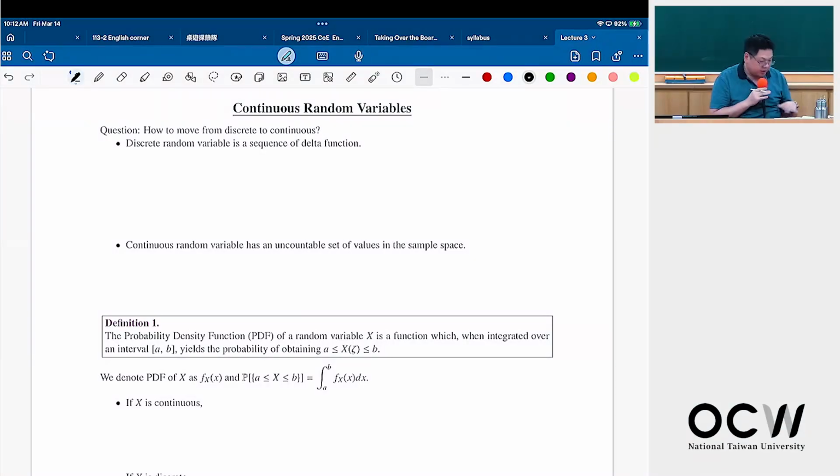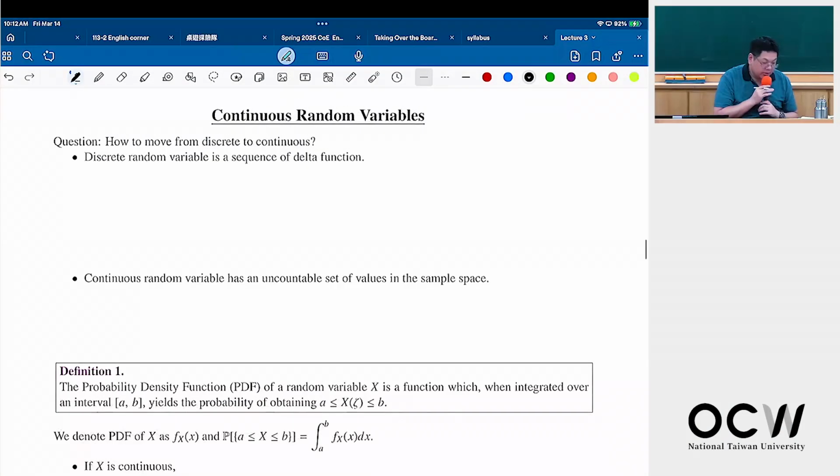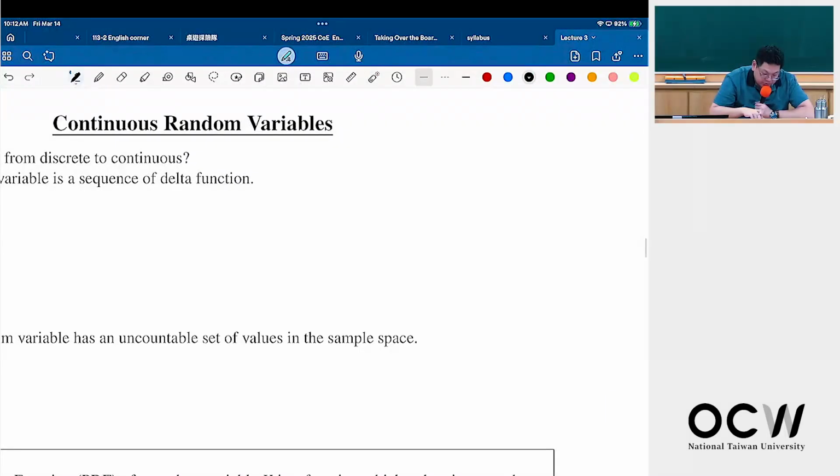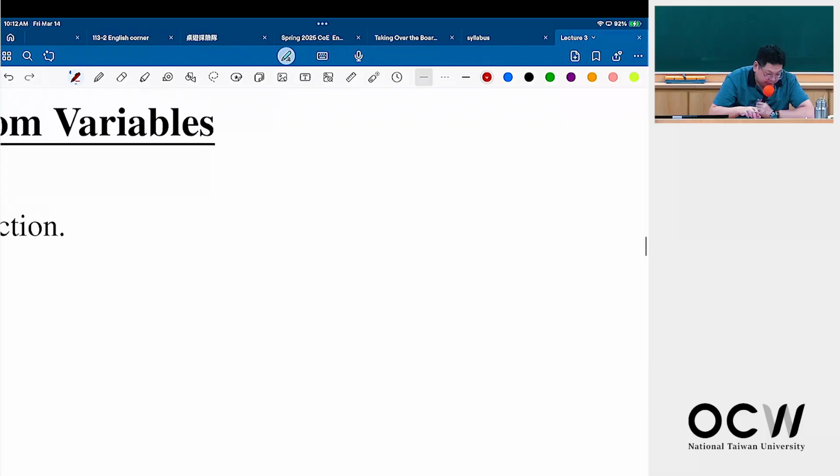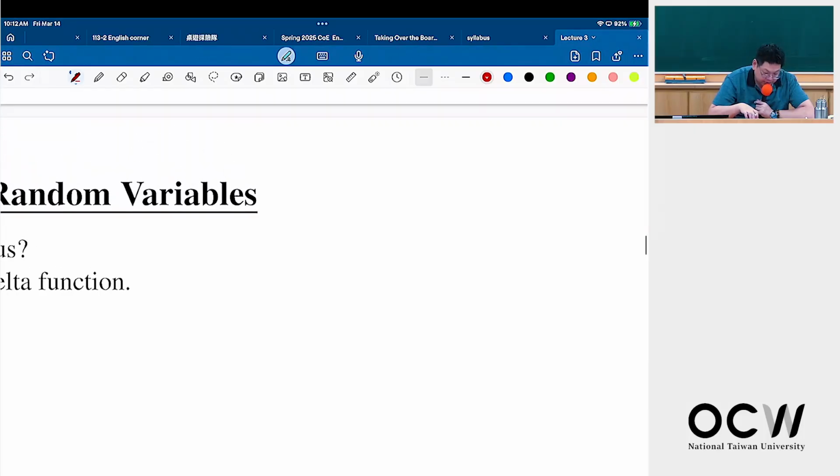Alright, so now let's continue. After knowing the discrete random variable, let's talk about the continuous random variable. It's pretty similar, and we can quickly go through this. But for the continuous, that means my sample space becomes continuous.